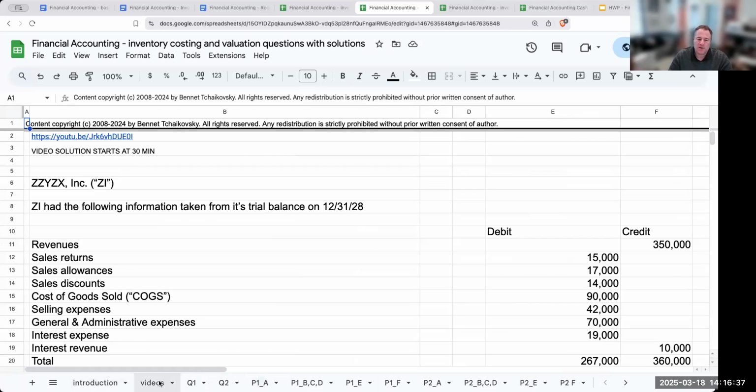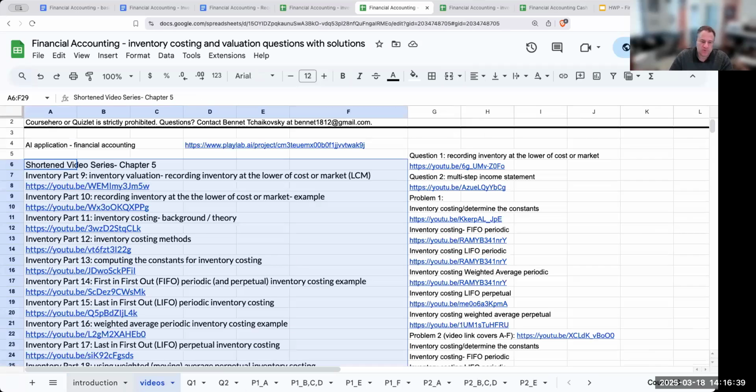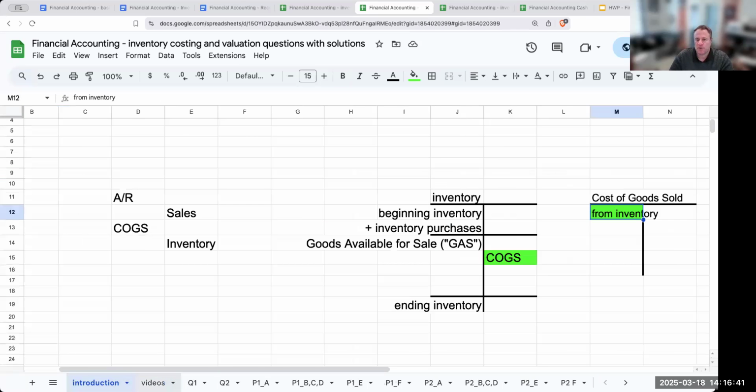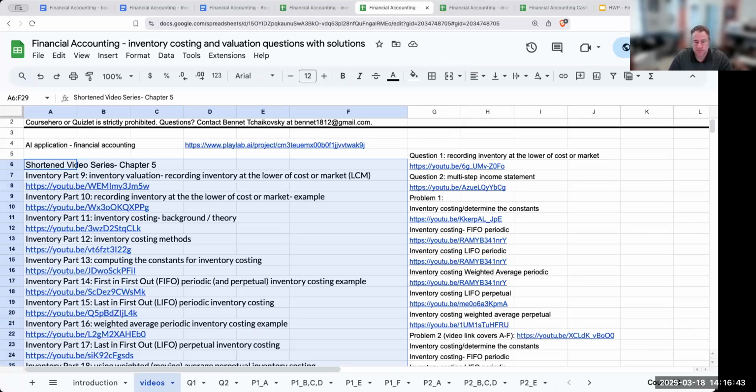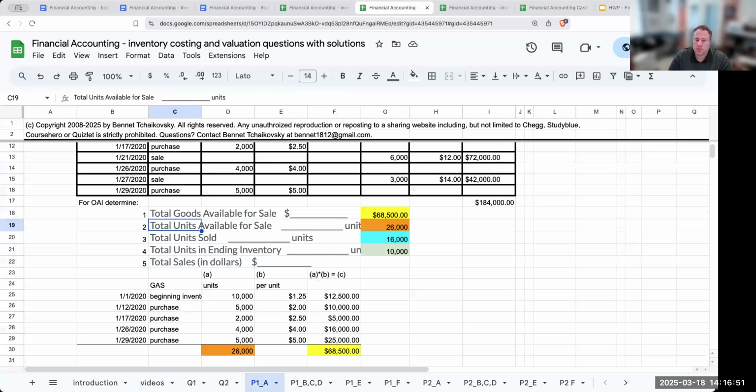As we go through this chapter, there are some really important concepts in these problem sets. So again, take your time. When it comes to inventory costing, the more you practice the questions, the better off you're going to be. Start with the easier ones. Start with periodic before you move to perpetual.